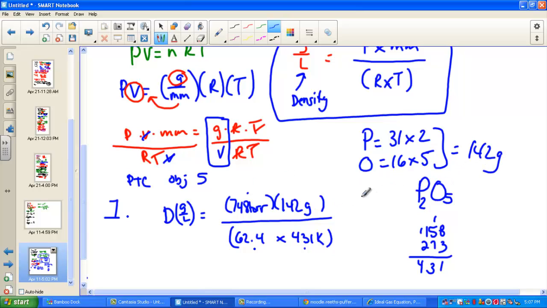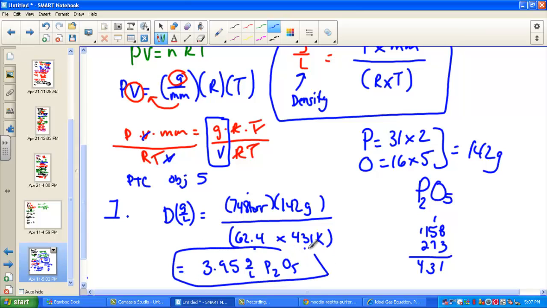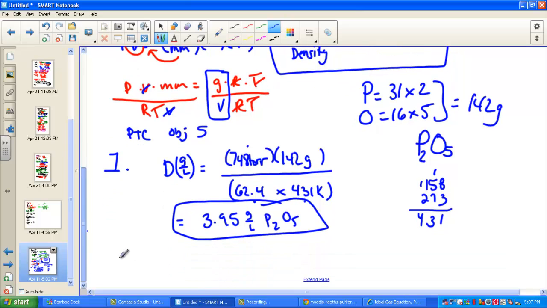Now let's hit 748 times 142 divided by the product, so make sure you use a parenthesis, 62.4 times 431 Kelvin, close parenthesis. The density of this gas at these conditions is 3.949, so let's say 3.95 g/L for diphosphorus pentaoxide. Number, unit, label. A+ answer.